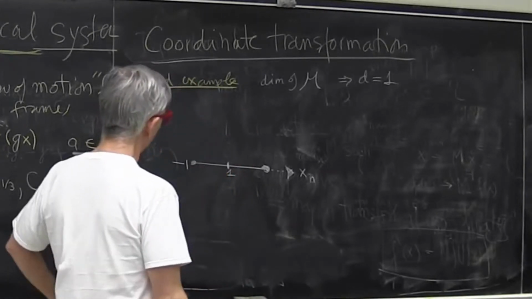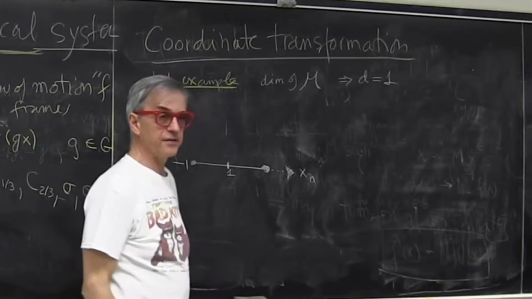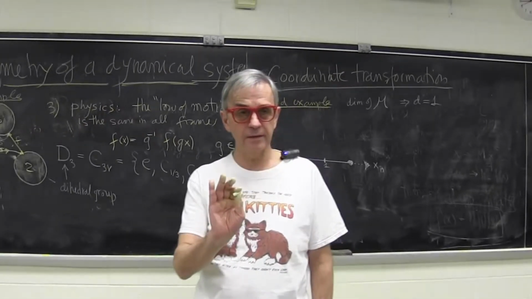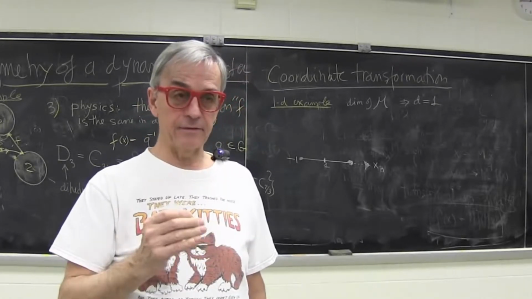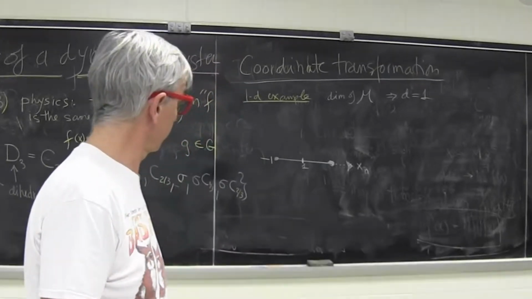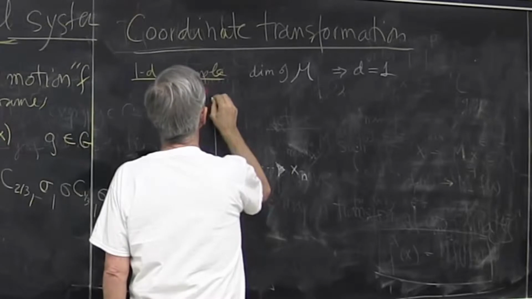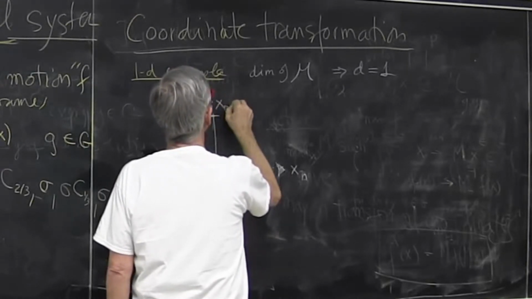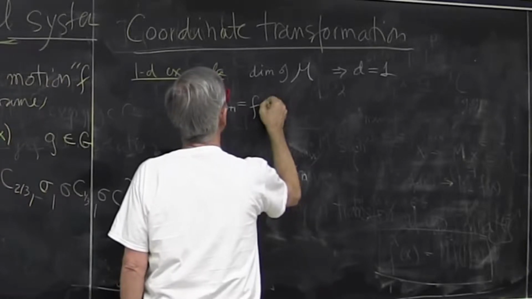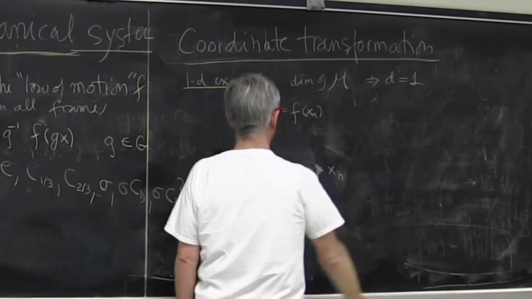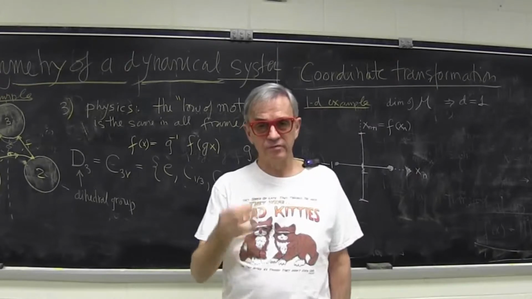And then my law of motion, in this case I can draw the law of motion in the plane because it'll give me what happens as I apply my map in one iteration. This I'll call x_{n+1}, and that's just my dynamical law applied to the previous state. So these are two one-dimensional things.